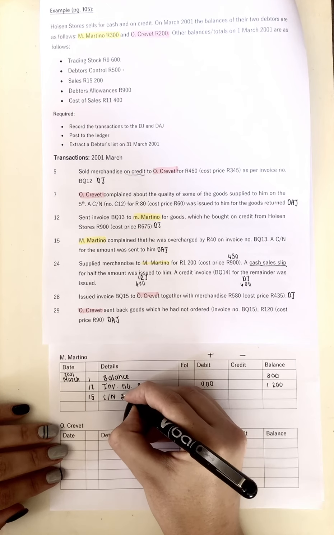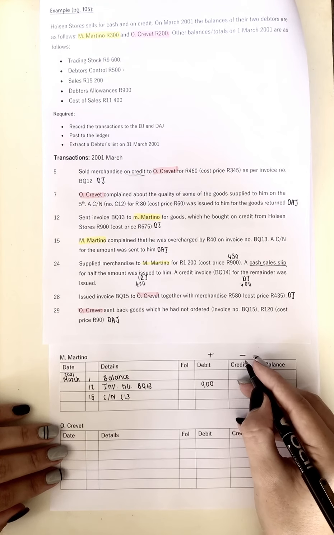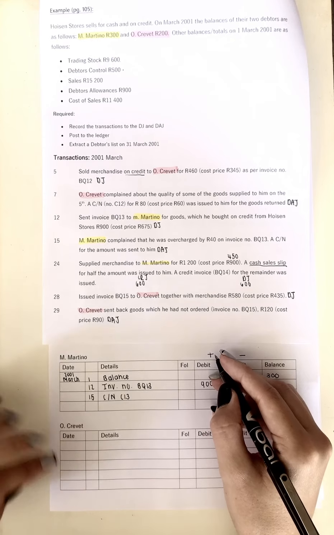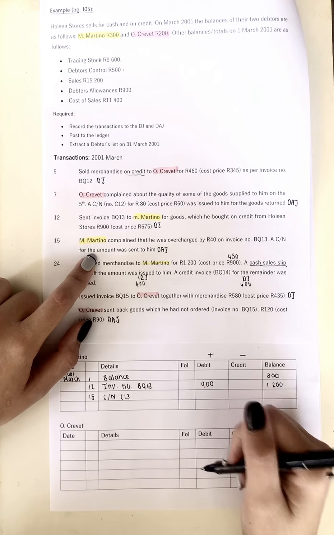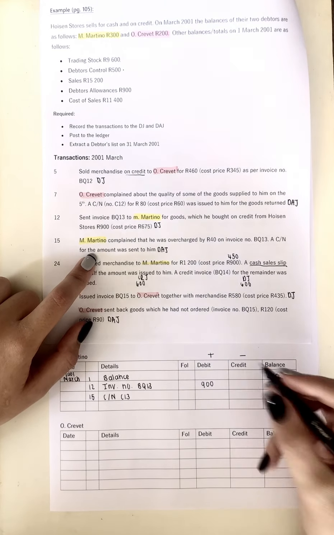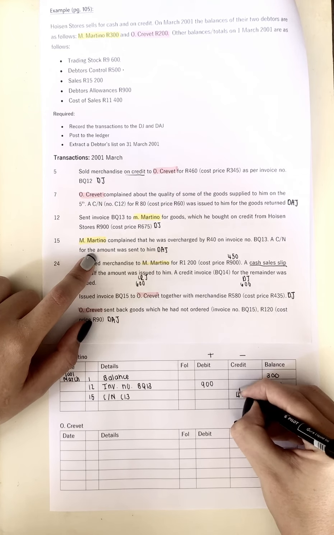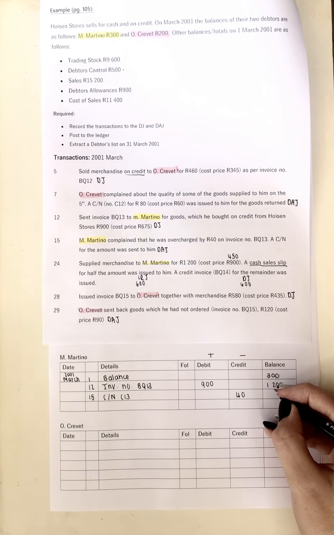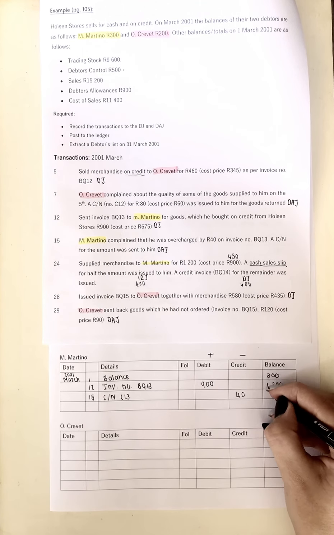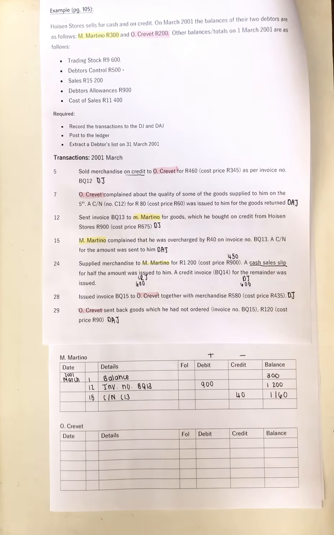So C13, does it decrease the amount he owes us or increase the amount he owes us? So remember, he was overcharged, so we gave him that amount of money back, so he doesn't owe us that 40 Rand anymore. So it decreases his account by 40 Rand, so then his account will be 1,160.